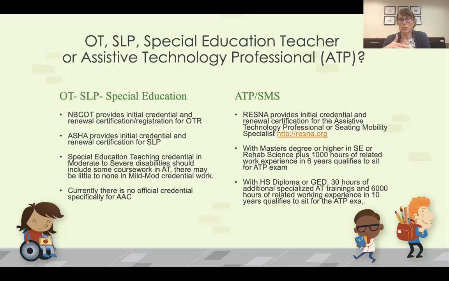So the typical people that go into assistive technology would be a special education teacher or anybody in the rehab sciences. So you can see there with a master's degree, you would be doing 1,000 hours of work experience in 6 years, and this qualifies you to sit for an exam. So you pay a couple hundred dollars for the exam, pass the exam, you get the ATP initials after your name.